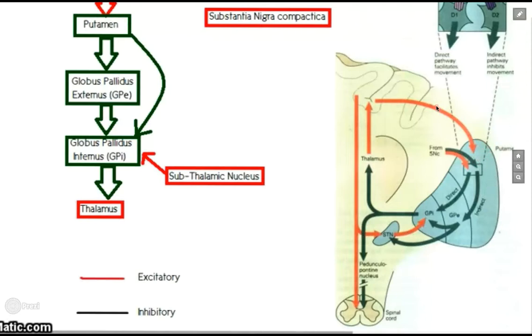So when we activate something that's an inhibitor, you can see here in the gray that the putamen, when it is activated, will actively inhibit the globus pallidus pars internus and also the globus pallidus pars externus.